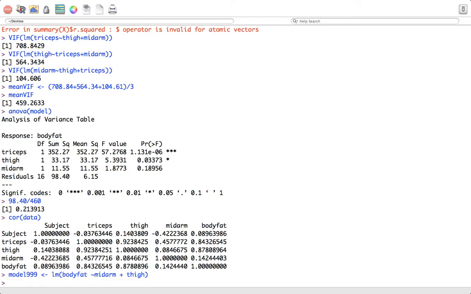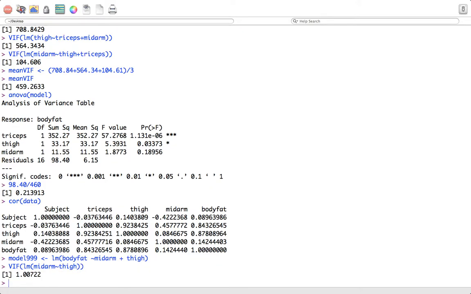Let's just see what the variance inflation factor looks like. It's going to be pretty easy. We're going to take a linear model of mid-arm from thigh. So now that's right at 1. And then take thigh over mid-arm. Well, I mean, duh.